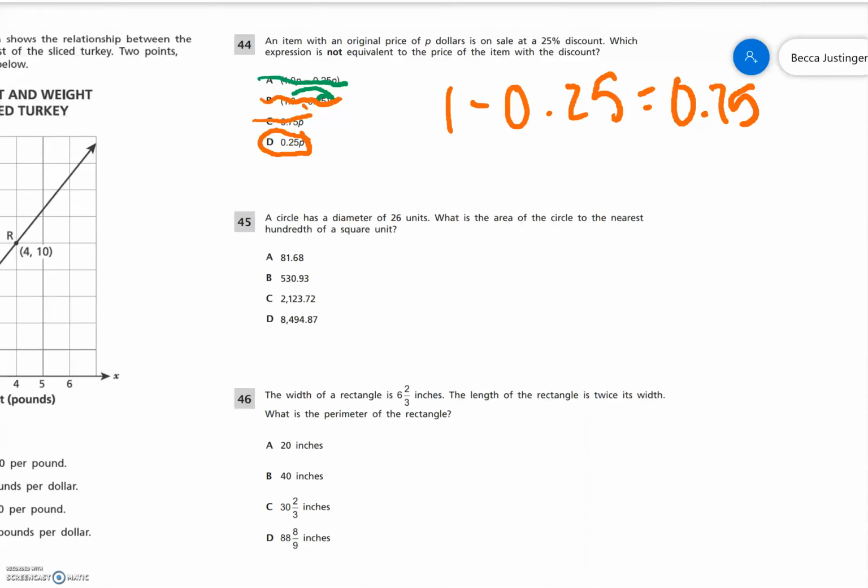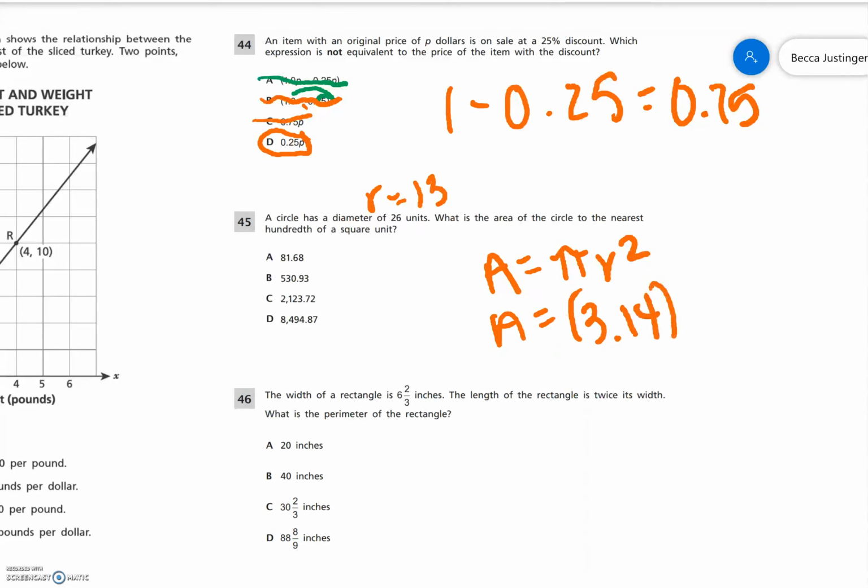A circle has a diameter of 26 units. That means the radius is 13. What is the area of the circle to the nearest hundredth of a square unit? So area is equal to pi r squared. So area is equal to 3.14 times the radius of 13 squared.